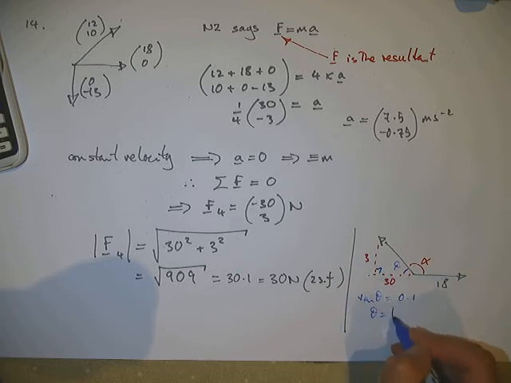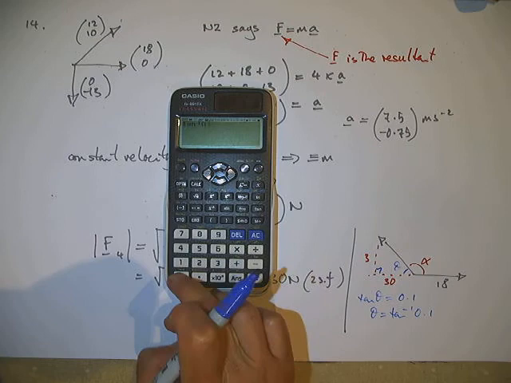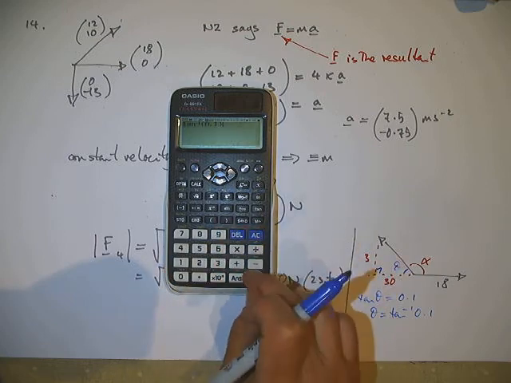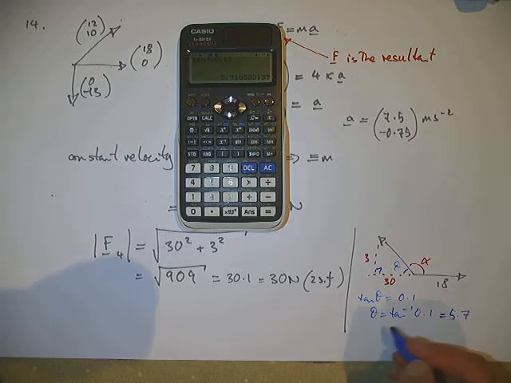So theta is tan minus 1 of 0.1, shift tan 0.1, 5.7. So alpha is 180. Take that.